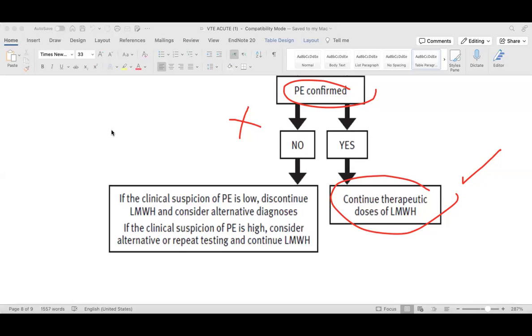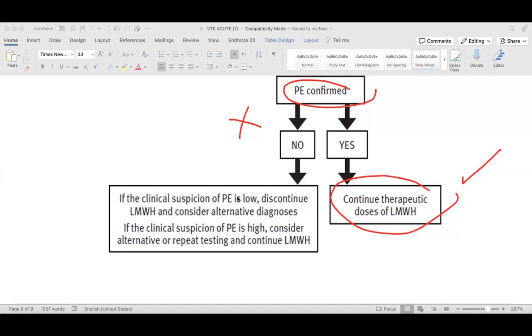But here, if the clinical suspicion is still high and the patient still has symptoms of pulmonary embolism, which are serious and severe, like chest pain, dyspnea, and some of them will have low oxygen saturation, I will never stop the low molecular weight heparin.